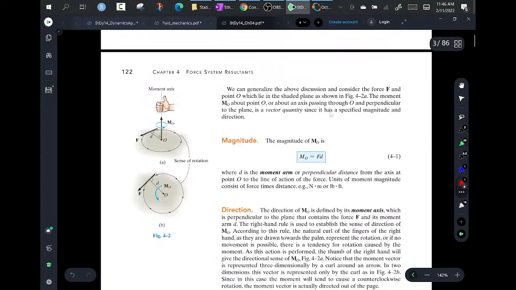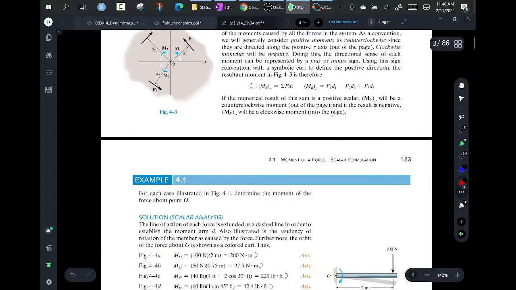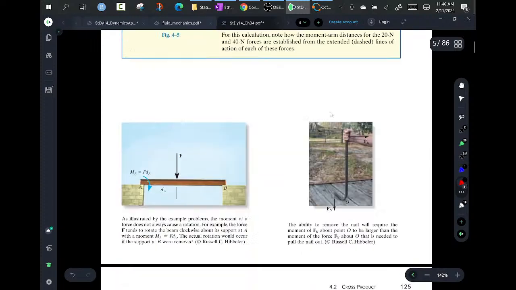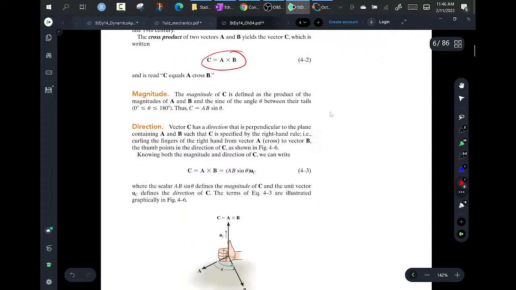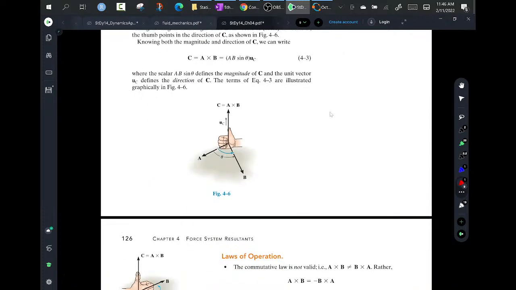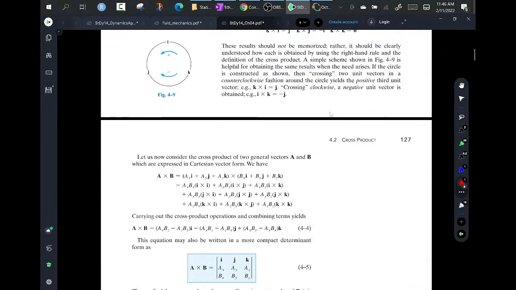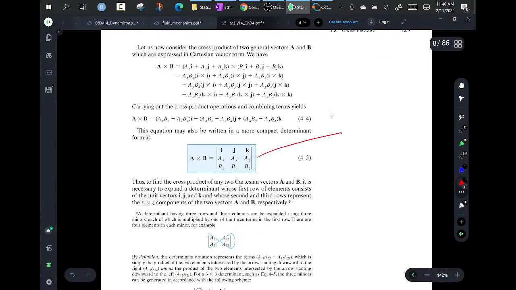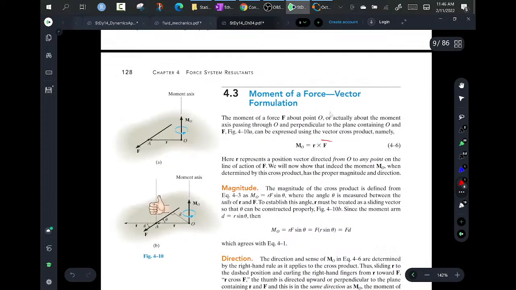So as it turns out, of course, moment is the force times the distance. However, it's the force times the perpendicular distance. And so what he does is he gets in here and talks about cross products, which we'll do. And you have your right hand rule, and we'll talk a lot about that. And you get all the way down here, and it's all about the cross product. And it turns out your moment is just R cross F.